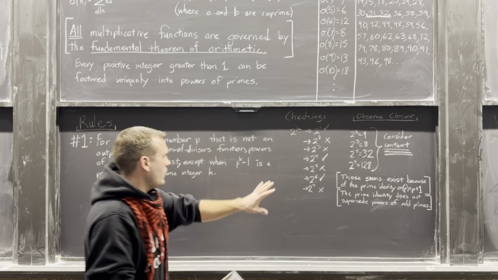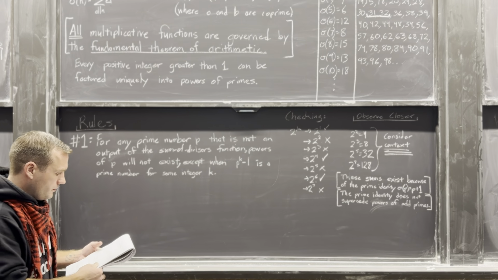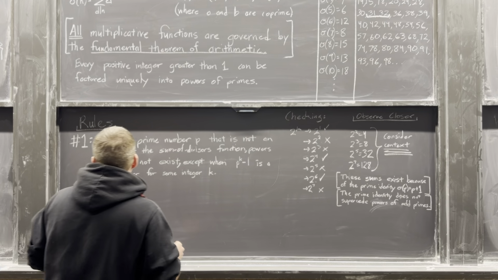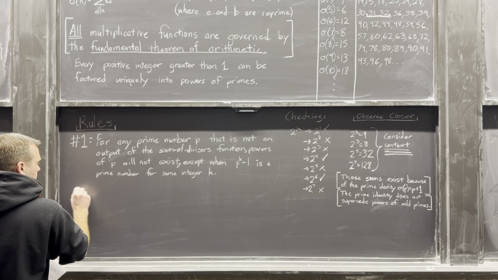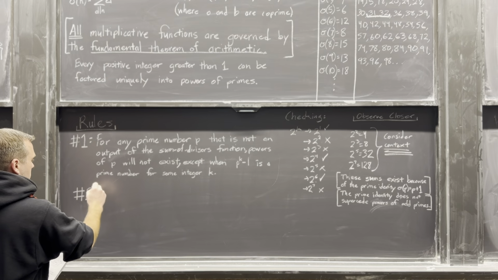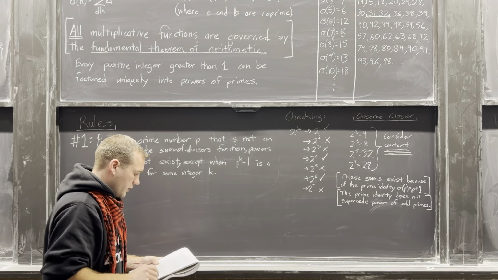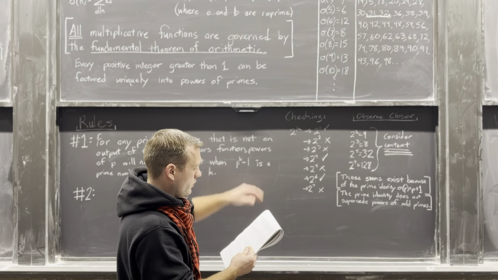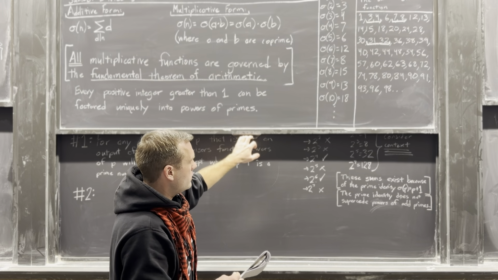So this is something to understand, right? Let's look at rule number 2. Okay, I'm going to have to erase this, and we're going to have to do 2 parts, which is fine because they're actually kind of separate. Okay, so let's consider the next rule.